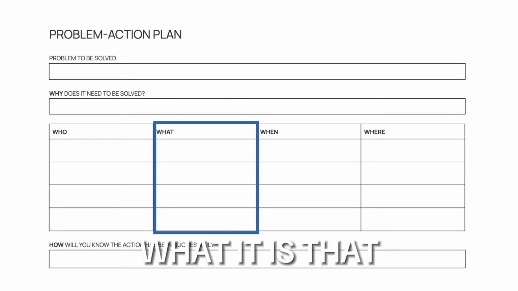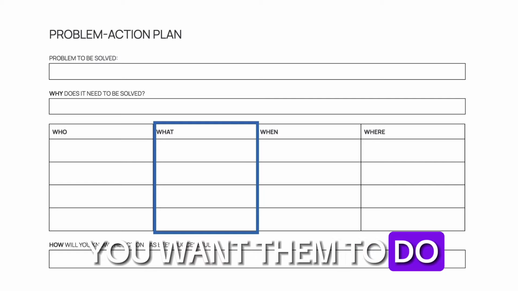That's what it is that you want them to do. If you are going up to people asking for help and their next question is, how can I help you? You want to have a pretty good answer because they're probably busy. They have a lot of other things on. And if you're not clear on how they can support you, they're going to say something like, come back to me when you have more information, or let me know when you have it all figured out, or I don't know how much time I have to give you because you're not being clear.